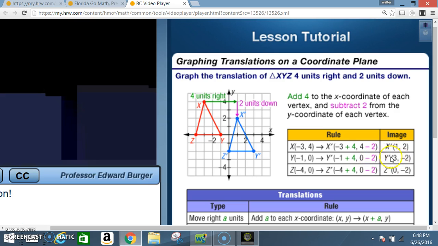This gives us a new location for y prime. And notice it's in the exact location. -1 plus 4 is 3. 0 minus 2 is -2. So if we come right here, that is exactly where we are. X is 3, 1, 2, 3, and y is -2, 1, 2. That's where we are. And of course, the same thing would hold for z.